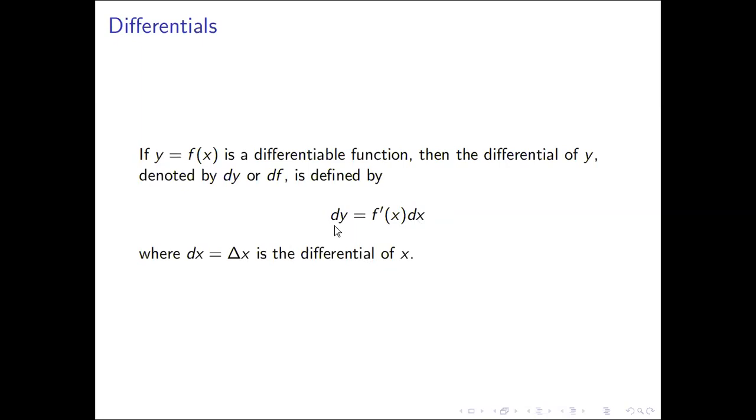You just get dy over dx equals f prime of x, which is just the same thing, right? dy over dx is just the derivative of y with respect to x, and that's just f prime of x, written another way. So if you treat dy over dx as though it were a ratio, then you cross multiply dy dx to get this one. But anyway, the more important thing for you to know is that this is the way differential dy is defined. It's the derivative times the differential dx.